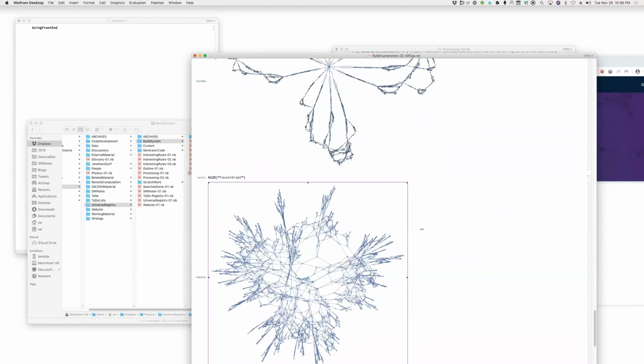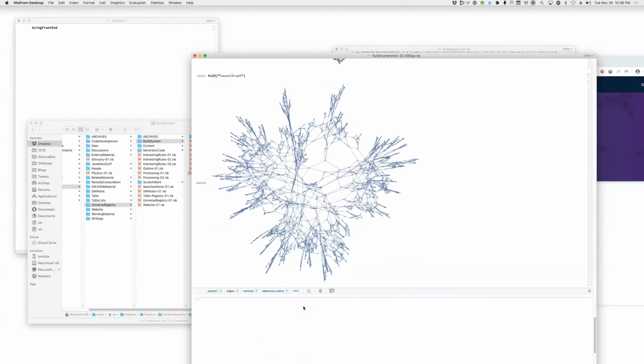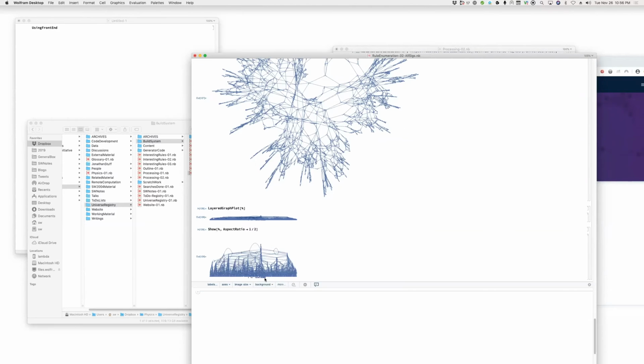That causal graph, yeah, that looks pretty exponential there.